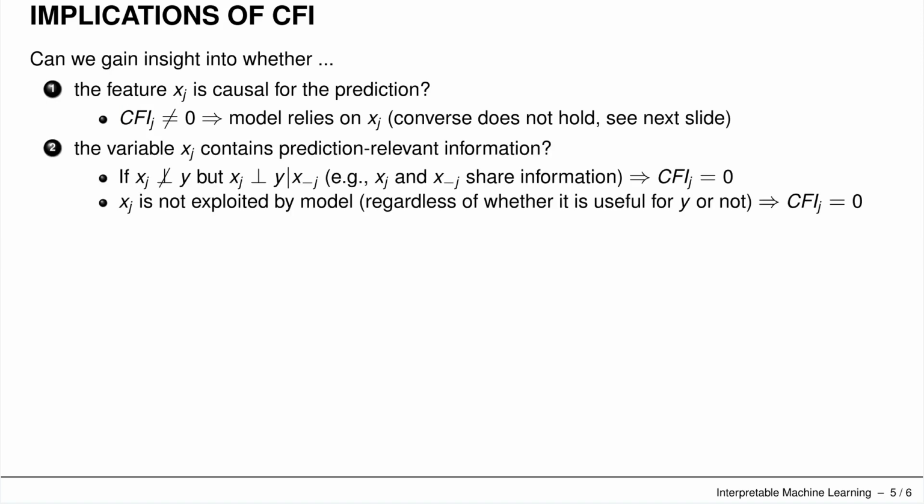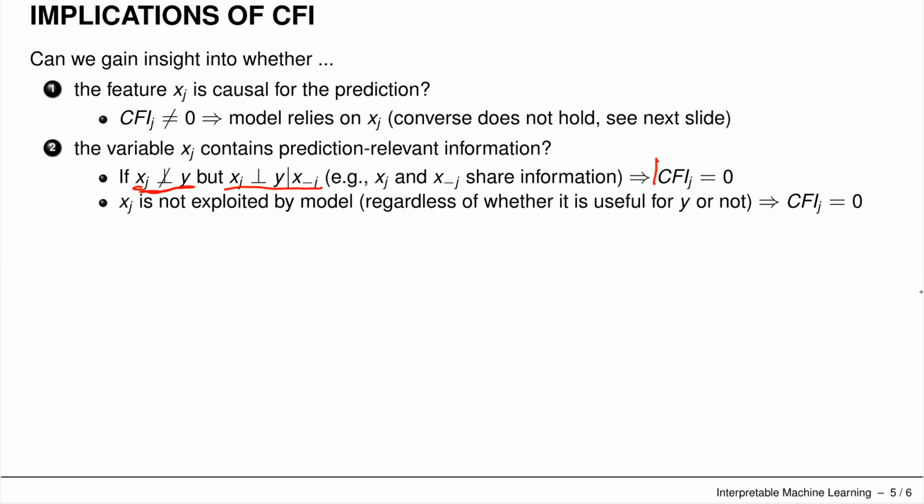The second interpretation goal was, does the variable contain prediction relevant information? Here, if x_j is not independent of y, so there is some dependence, but it's conditionally independent, conditioning on x minus j. So if x_j and x minus j share information, classic example, 2 highly correlated features, then the CFI is still 0.